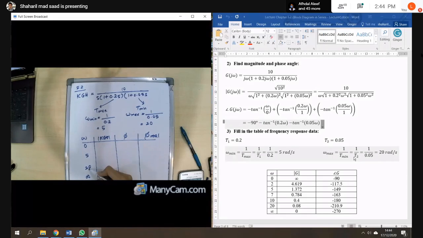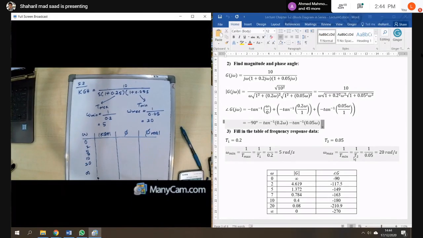Before that maybe you can choose 10, and before 5 maybe you can choose 2, for example. If you want an accurate plot, maybe you can choose more values, for example 7, and 30. Now you can start to use your calculator here.